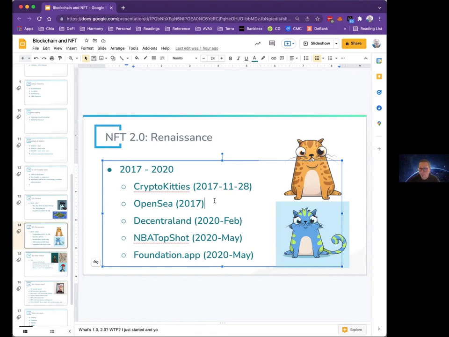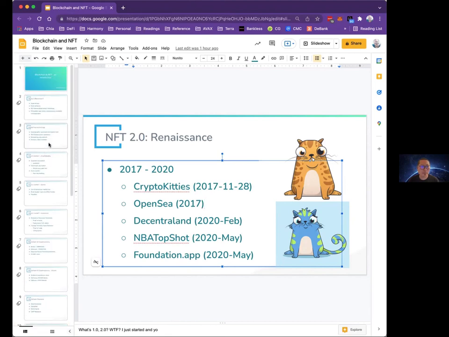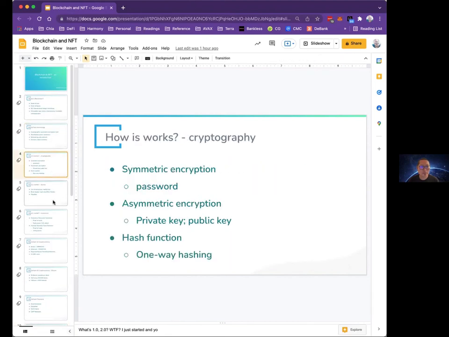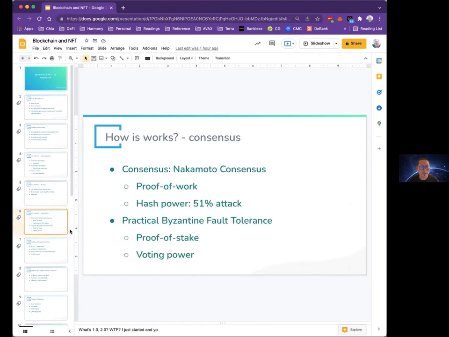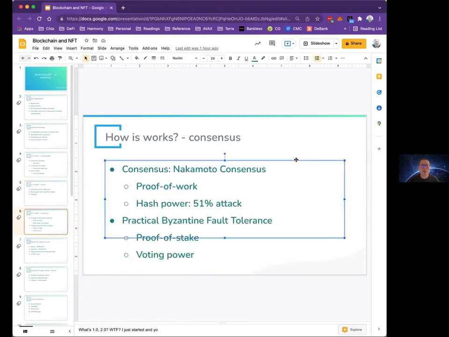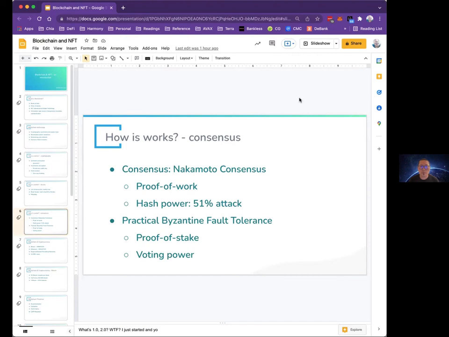Okay, so it's not like NFT is going to be bad for the environment. Let me go back to a slide. People blame Bitcoin especially about the environment.